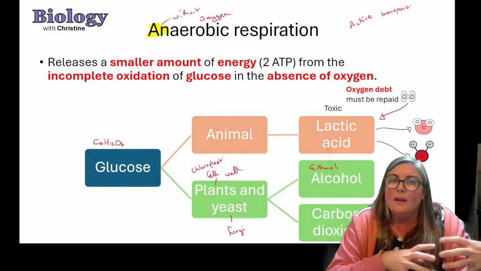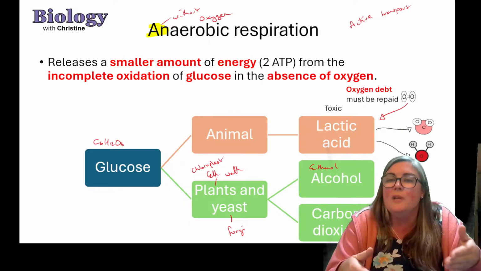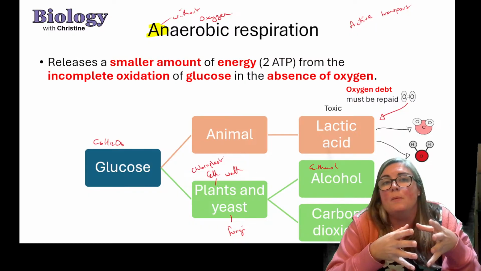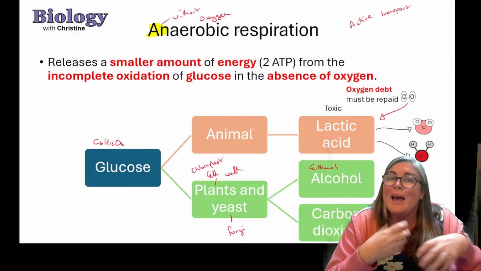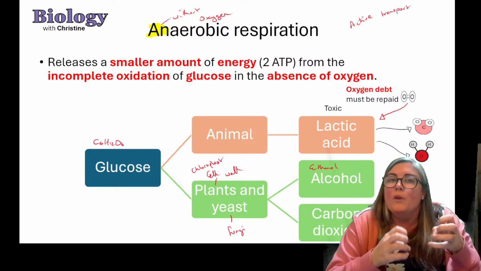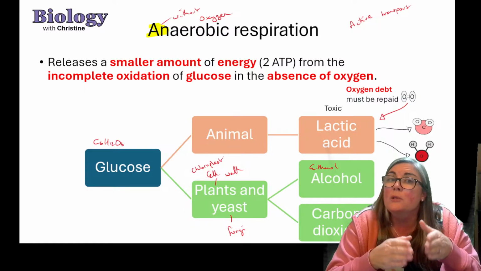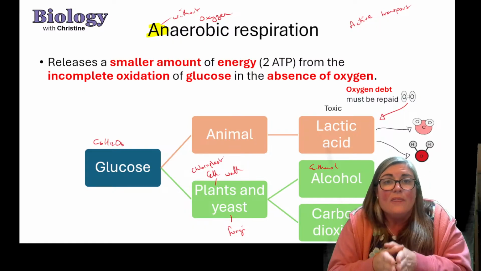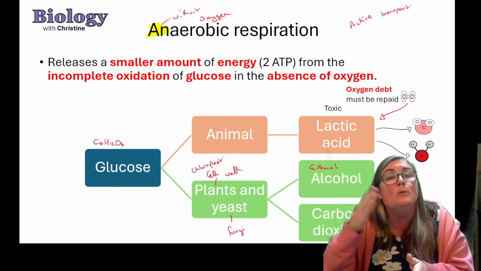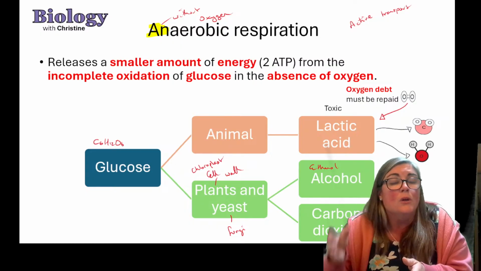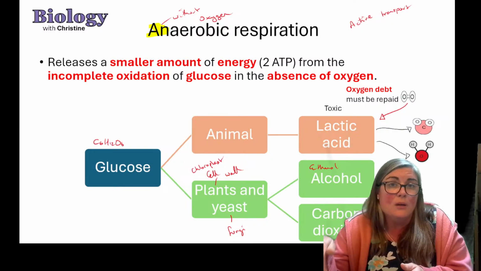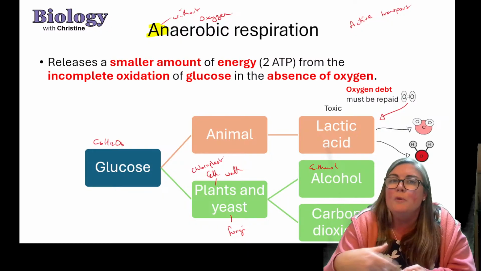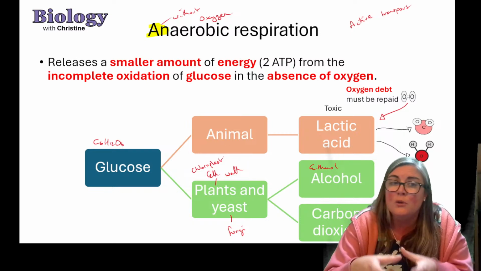When I spoke earlier, I spoke about the fact that if you were sprinting, you would be using anaerobic respiration. That anaerobic respiration is going to produce lactic acid. That lactic acid needs to be broken down into carbon dioxide and water, and therefore oxygen is required to repay the debt that you've built up through the exercise.